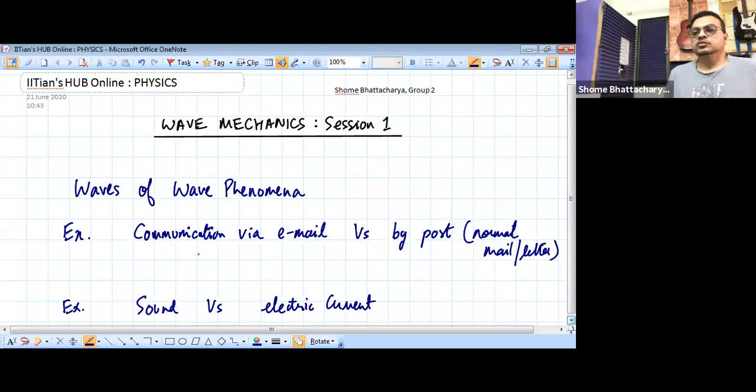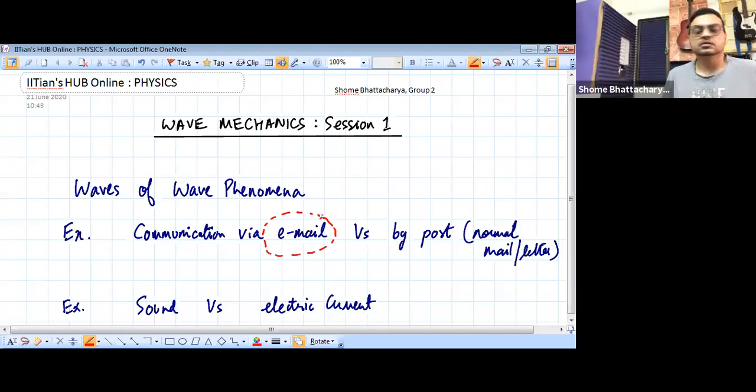Now, if we look at these kinds of examples, we'll understand that everything I'm comparing involves transmission of information or transmission of energy. But in the case of, for example, email, the transmission of information is happening without any physical transportation of particles.